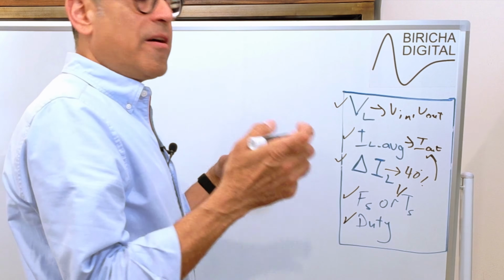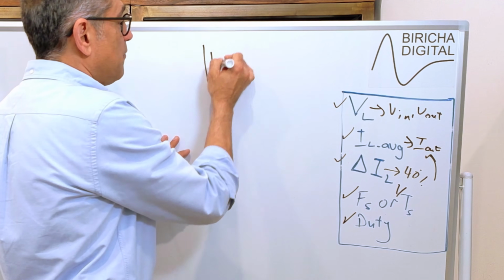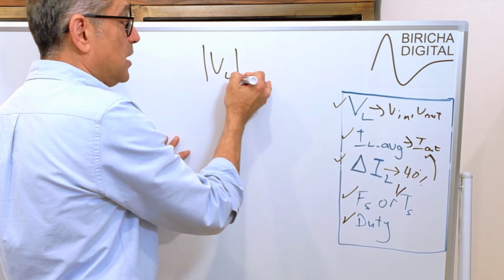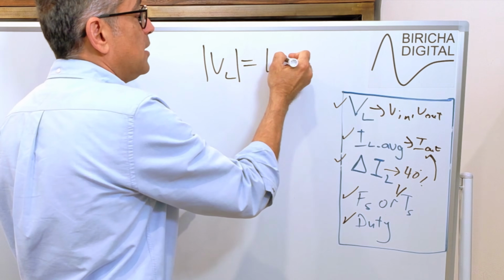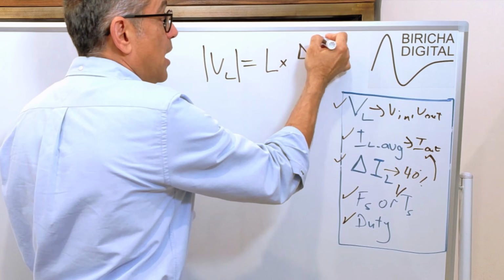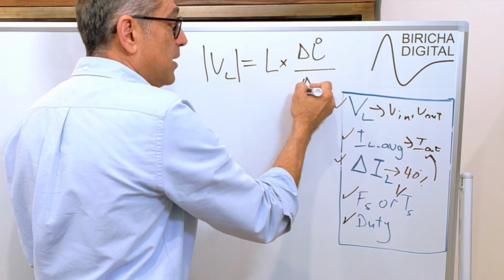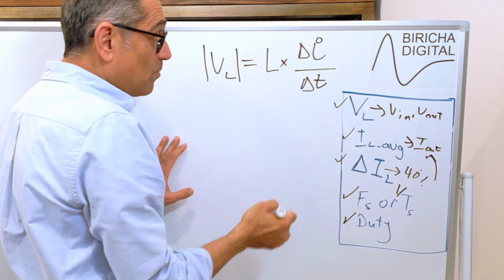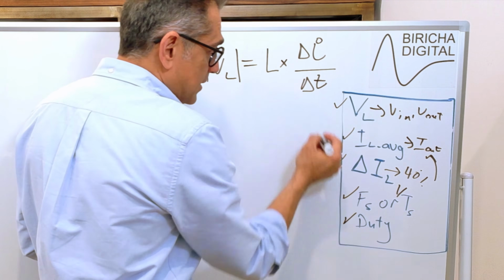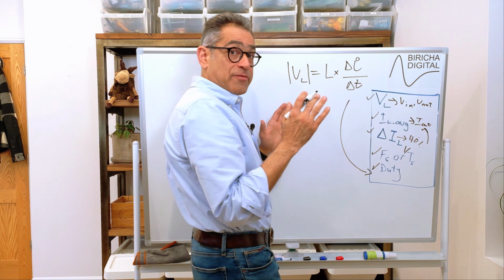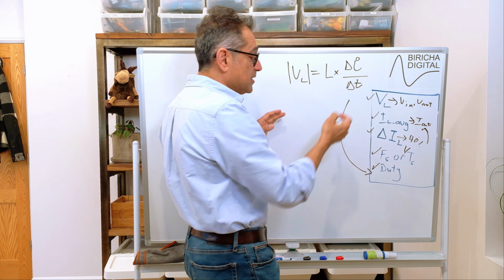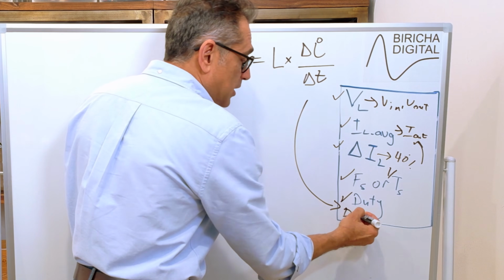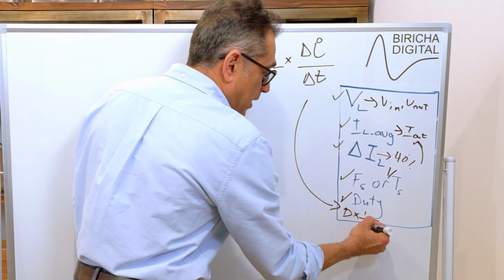Then we use a very simple equation which goes: VL, the voltage across the inductor, modulus of, so we ignore the sign, is equal to L times delta I, our ripple current, divided by delta T, where delta T is the time that we take, for example, for an on period when the inductor current is rising, which will be duty times 1 over Fs.